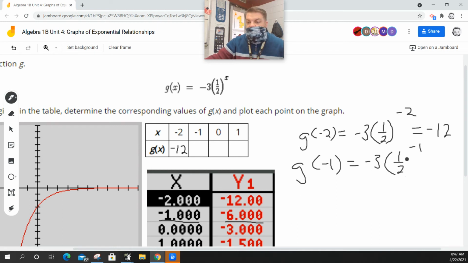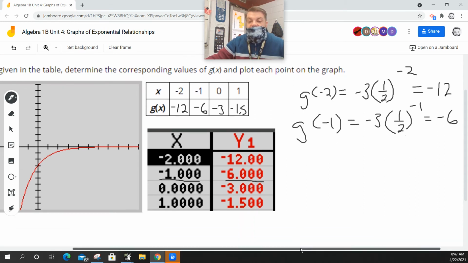All right, and that gives me, what value do I put here, guys? What's the corresponding y value or g of x? -6, good. All right, so then the next one is -3, and the next one is -1.5, okay?